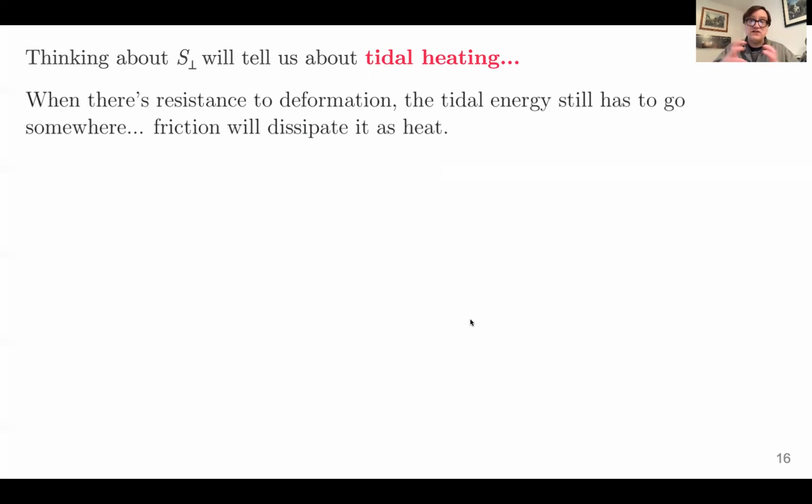There's a kind of friction where the strength is battling against the desire of the force to pull it apart, and that frictional dissipation will create a source of heat inside the interior of this solid planet or moon or whatever it is, and we can estimate the strength of it.